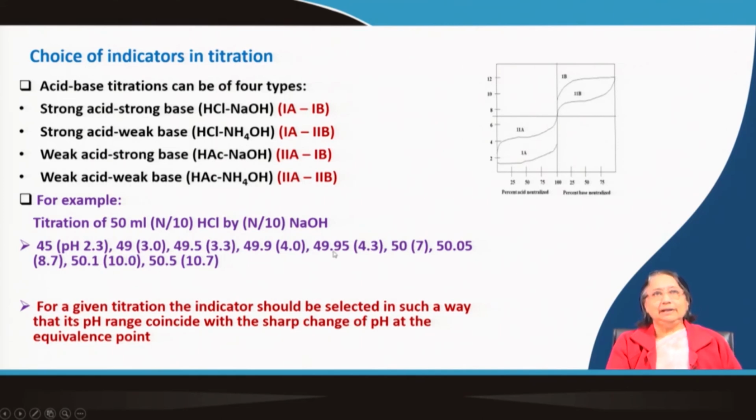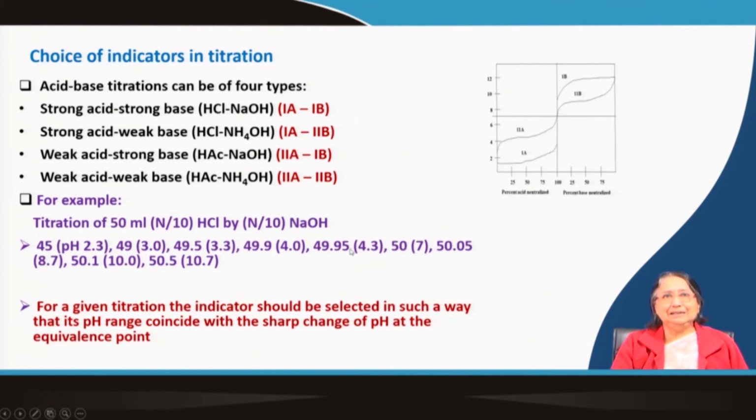Okay. So, we must carefully observe here. It is just before the neutralization point, it is 4.3, and this is just after the neutralization point. So, it is a huge jump, okay. Huge jump, where to where? 4.3 to 8.7, just 2 drops addition.